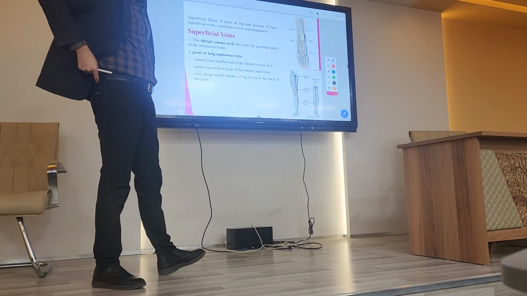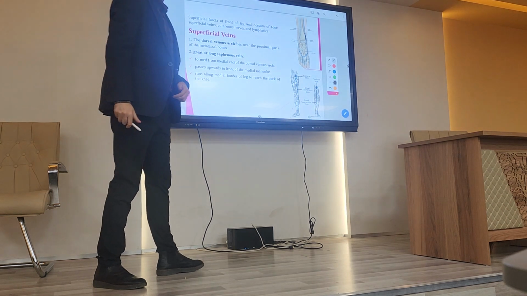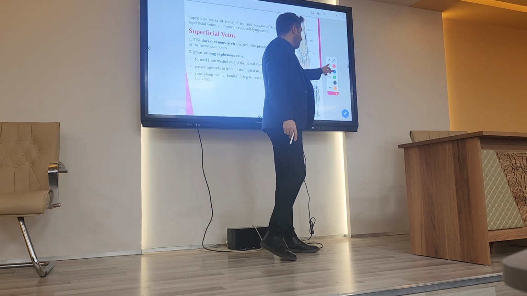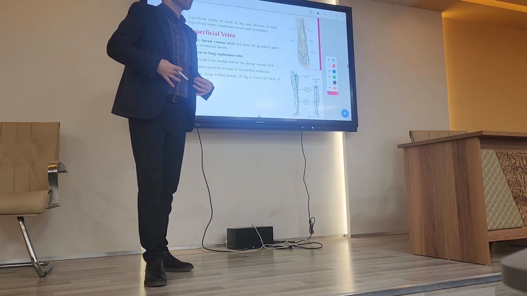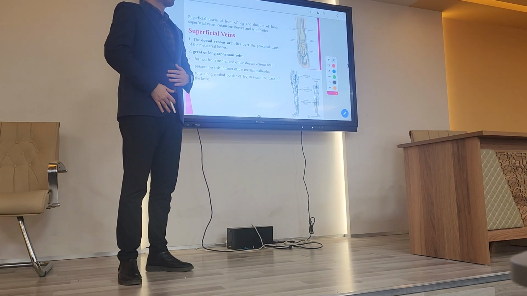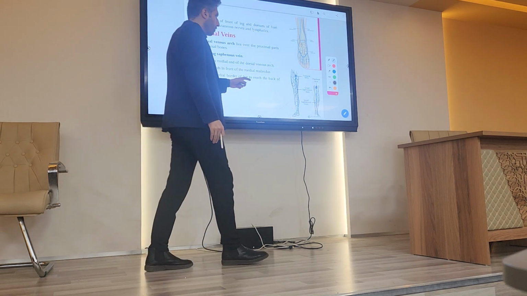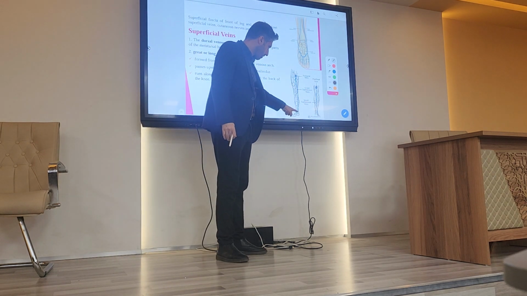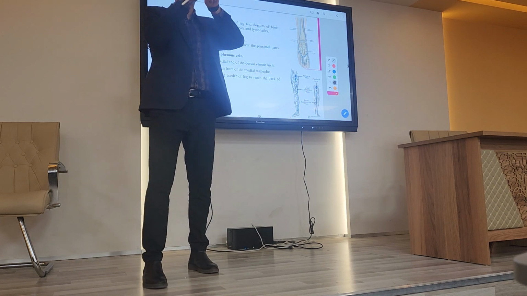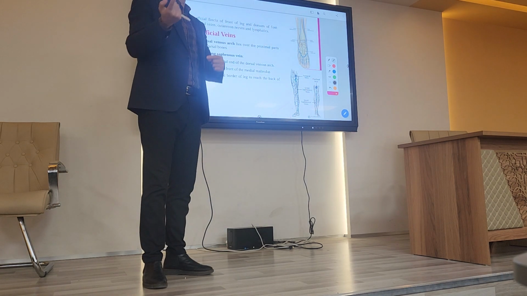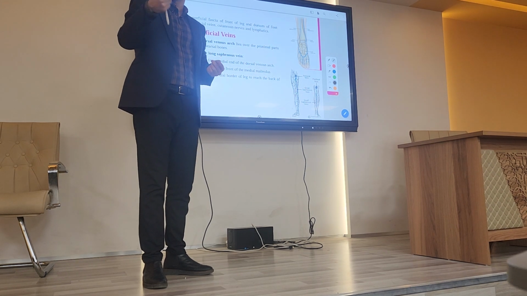The saphenous nerve accompanies the great saphenous vein, in front of it. Very good. These superficial veins, great saphenous and small saphenous vein, each have one superficial nerve. Superficial nerve means sensory nerve, because it's close to the skin.